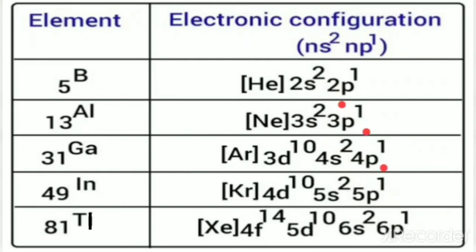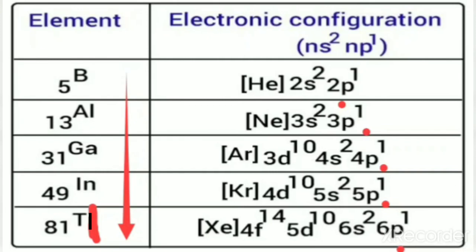When you check the electronic configuration, you can find in all cases that the last electron is in the p orbital. Therefore, these elements, boron, aluminium, gallium, indium, thallium, belong to the p block elements. Thallium is Tl, not Ti.